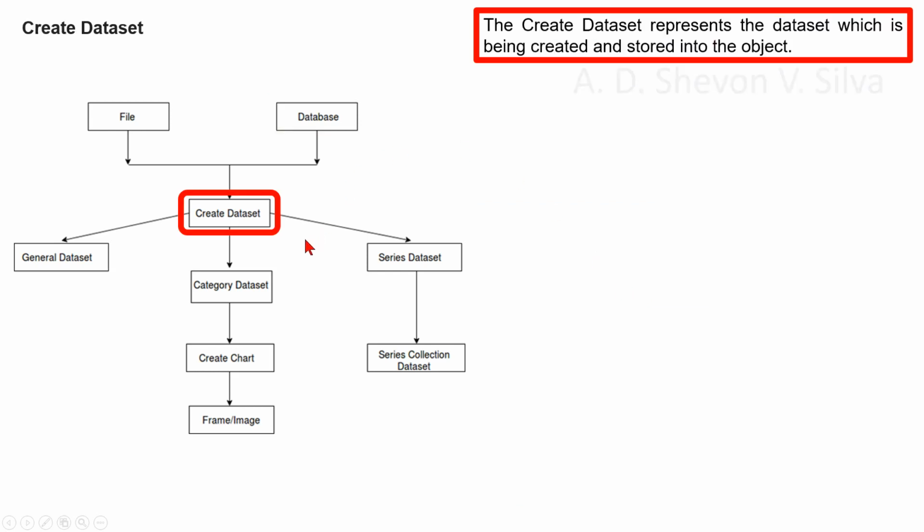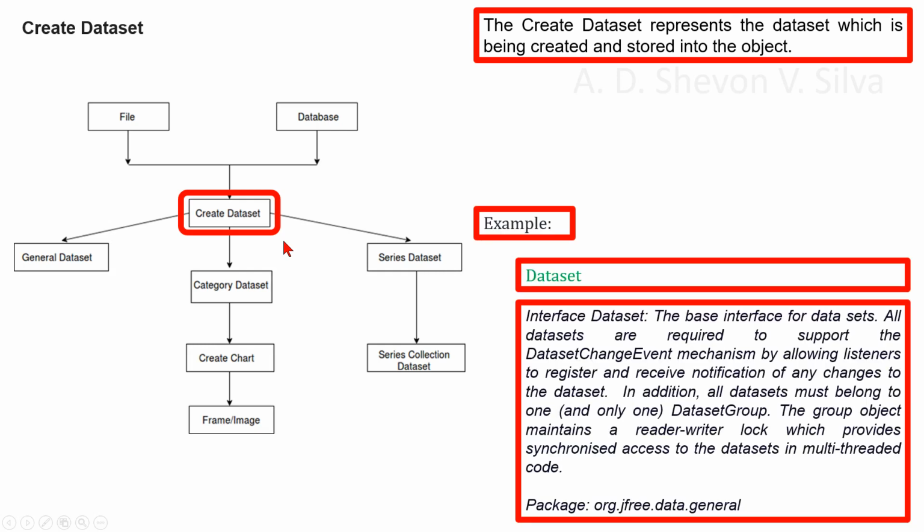Now we are focusing on create dataset. The create dataset represents the dataset which is being created and stored into the object. Here, as an example, we can consider interface Dataset, the base interface for datasets.